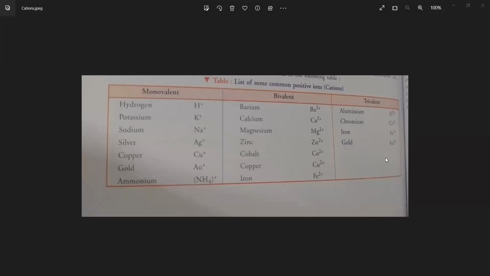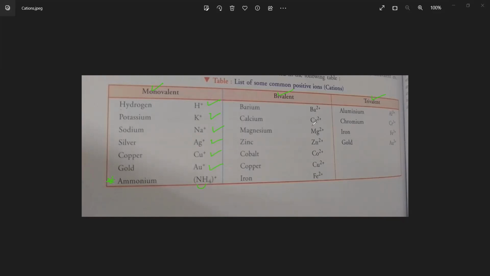Here we have some examples of cations also, and we classify cations into monovalent, bivalent, and trivalent categories. Hydrogen H+1, potassium K+1, sodium Na+1, silver Ag+1, copper Cu+1, gold Au+1, ammonium NH4+, which is important because it is a polyatomic cation, having more than one atom.